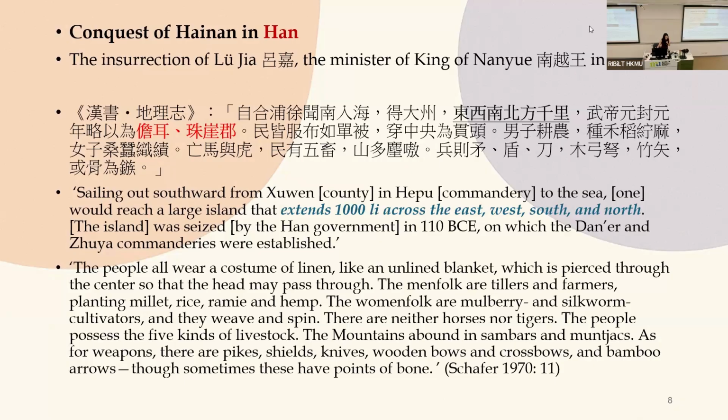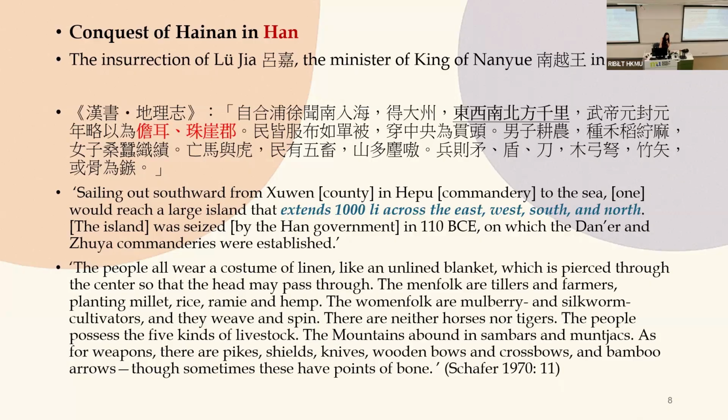Another passage in the Han Shu summarizes the Han court's understanding of this exotic piece of land and its people at the time. The passage correctly locates Hainan, but the exaggeration of the size of the island, which is said to extend 1,000 li across the east, west, south, and north, betrays that the Han government at the time probably had not explored the entirety of the island.